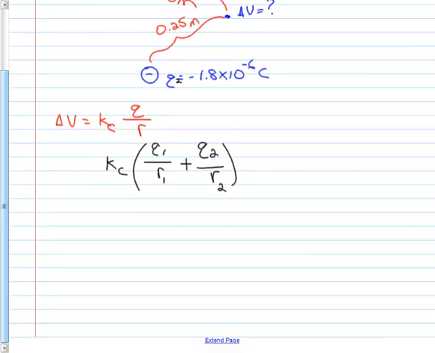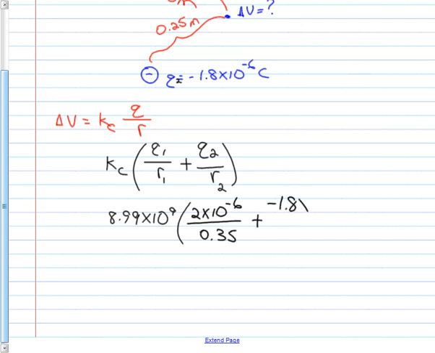So what's Coulomb's constant? 8.99. And our charge 1 was 2 times 10 to the negative 6 coulombs, over 0.35. And our distance was 0.35. The other one was negative 1.8 times 10 to the negative 6, and it was 0.25.